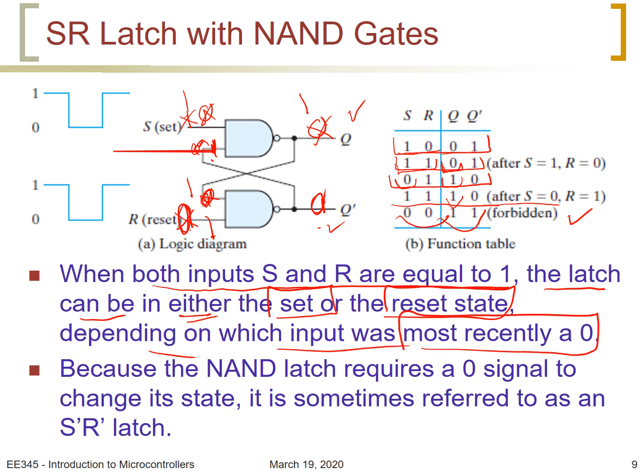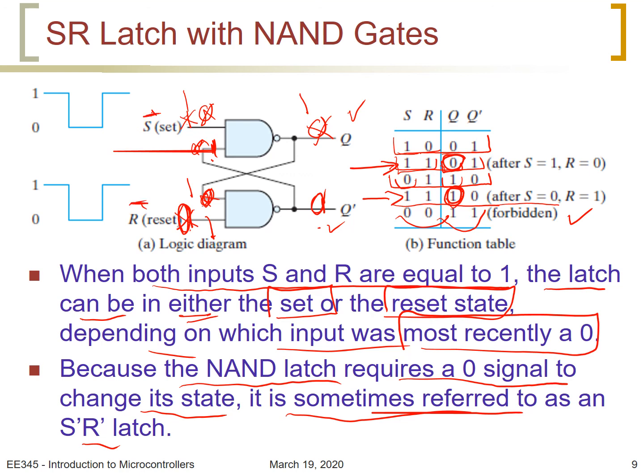And that's why we see here both are 1s. We see Q is 0, and both are 1s, Q is equal to 1. That's exactly. And because the NAND latch requires a 0 signal to change its state, it is sometimes referred to as an S prime R prime latch. So instead of SR latch, usually we say S prime R prime or S bar R bar latch, same thing exactly.